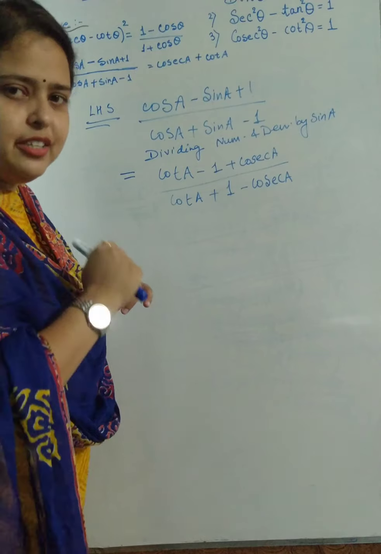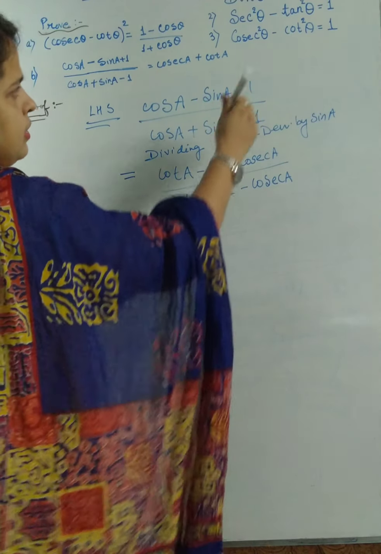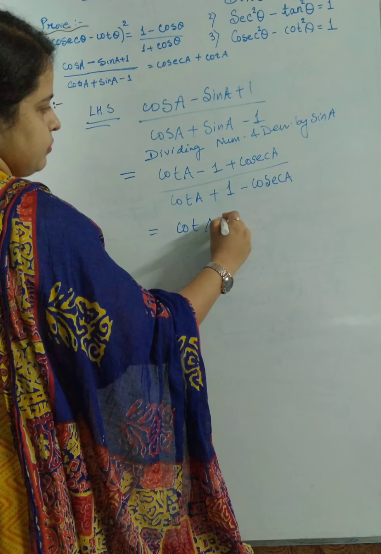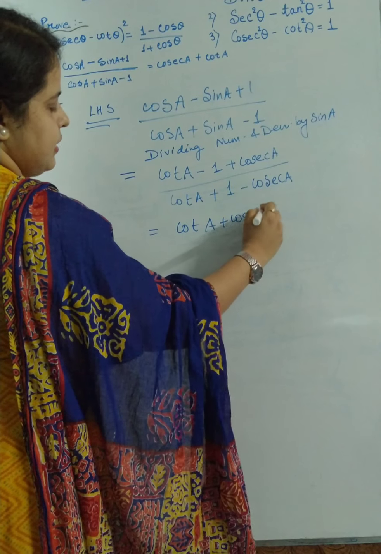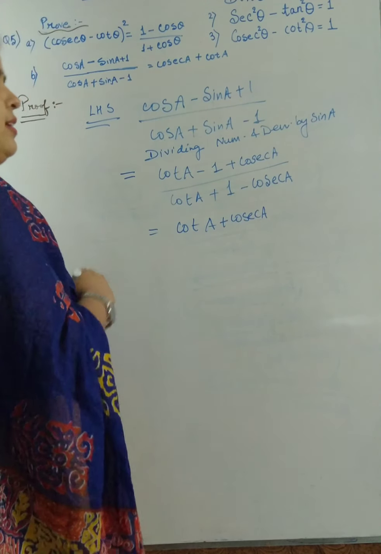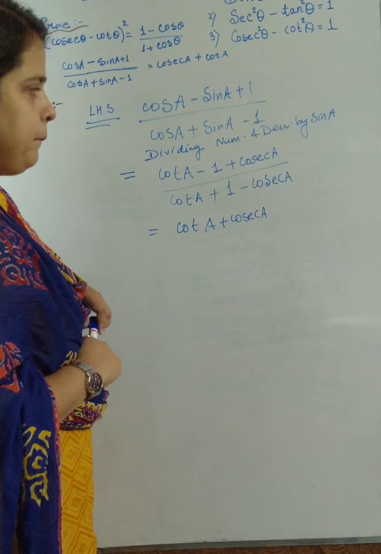What should be your strategy to prove it, children? Let's see. Please have a look at the third identity. Something is 1 in the third identity. What is that? Cosec square theta minus cot square theta is 1.